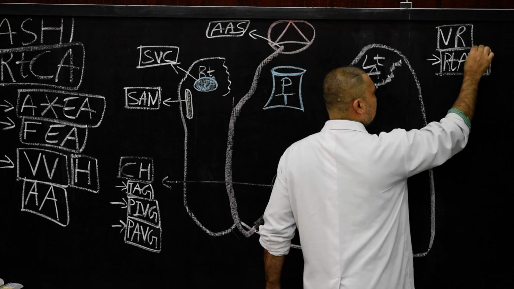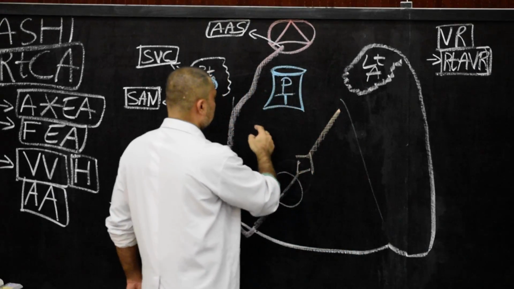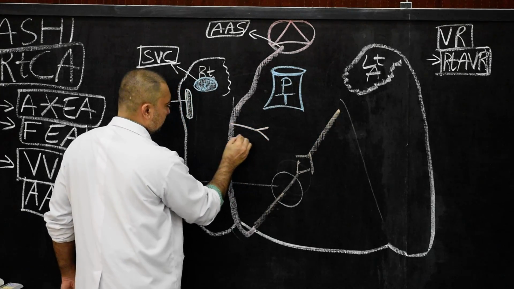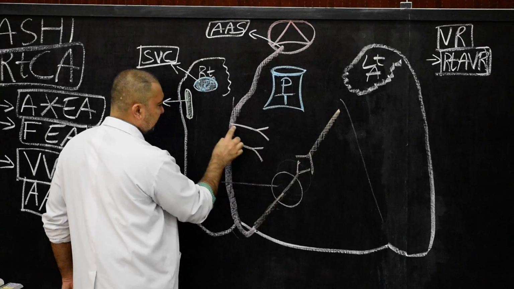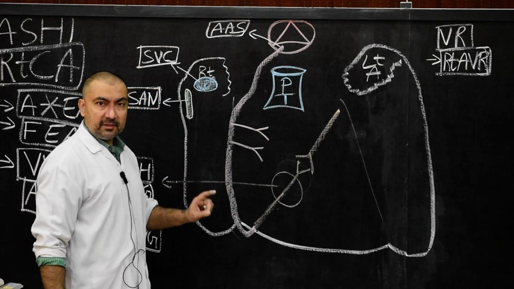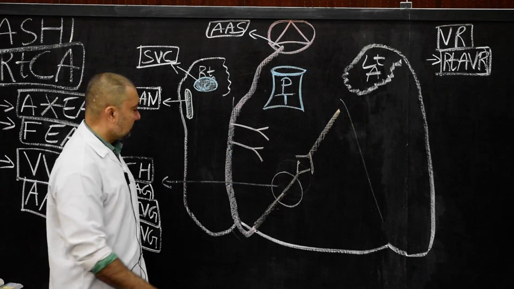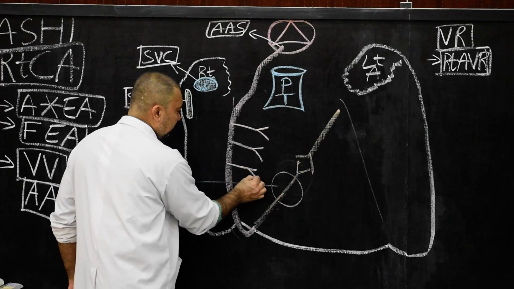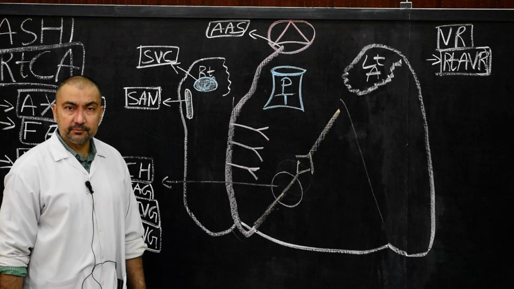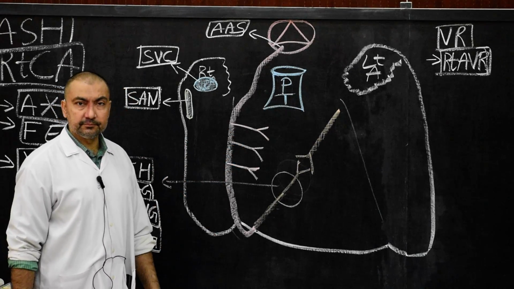Now this right anterior ventricular rami, if I draw over here, will arise exactly at right angle to the right coronary artery. These are the right anterior ventricular rami, and they will supply the sternocostal surface of the right ventricle. So they are called right anterior ventricular rami.